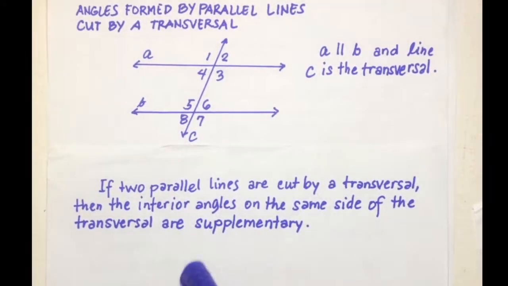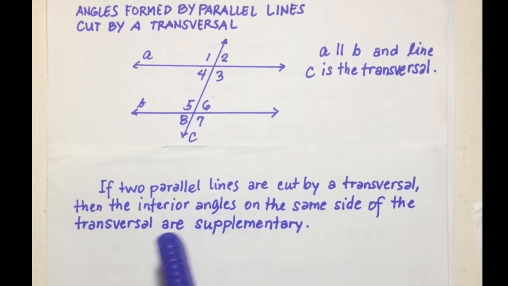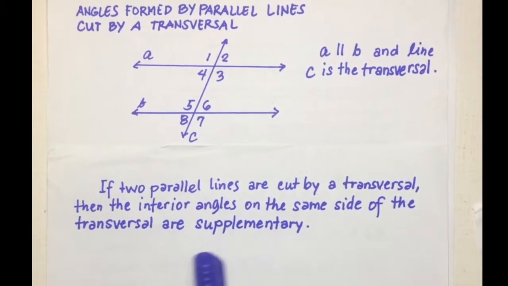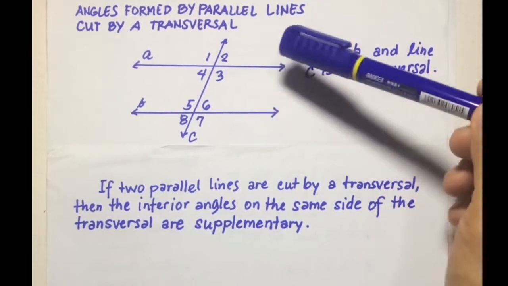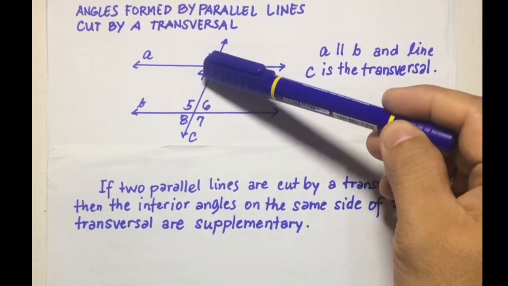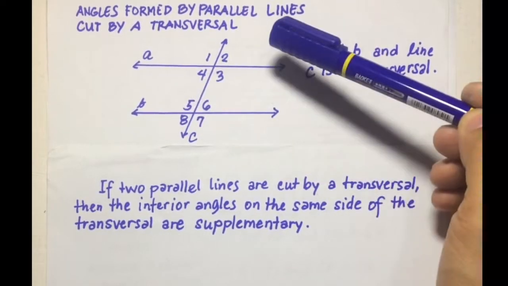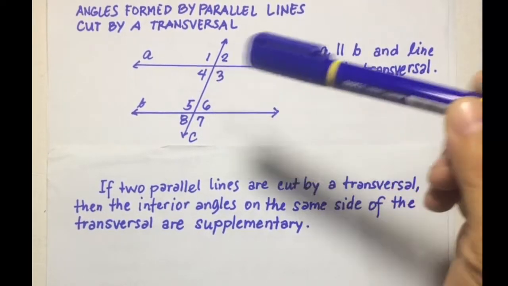Okay, another theorem: if two parallel lines are cut by a transversal, then the interior angles on the same side of the transversal are supplementary, or their sum is equal to 180 degrees. Interior angles on the same side of the transversal in this figure are angle 4 and angle 5, and angle 3 and angle 6.